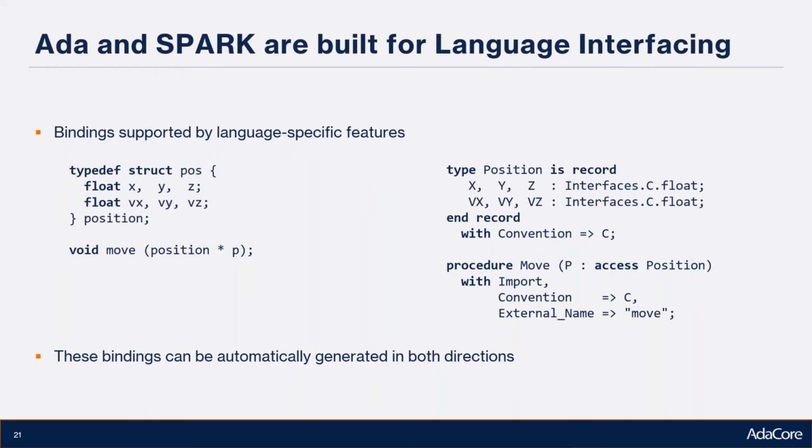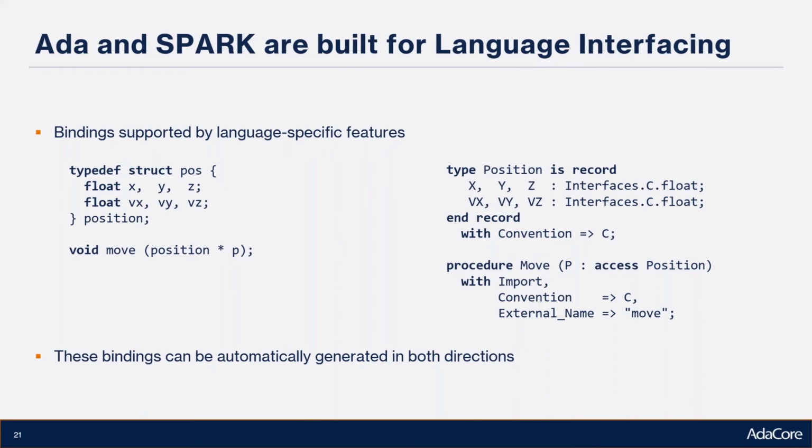On the Ada side, we have these additional aspects that we add. So for the position, we add with convention C. And then for the procedure, we say with import, convention C, and external name is move. And what this does is this informs the compiler that these things in Ada are actually connected to the C universe. And the compiler takes care of all the details of interfacing.